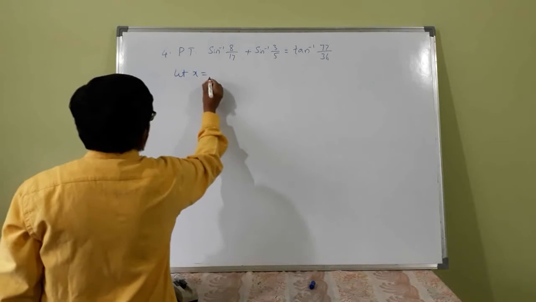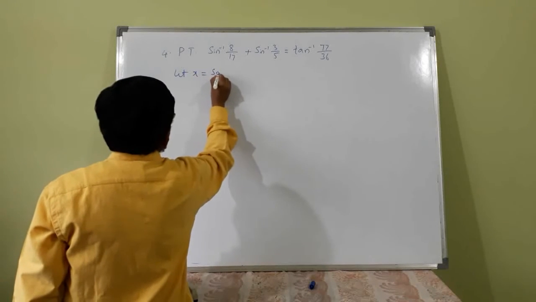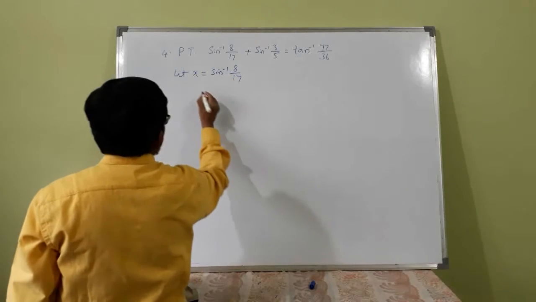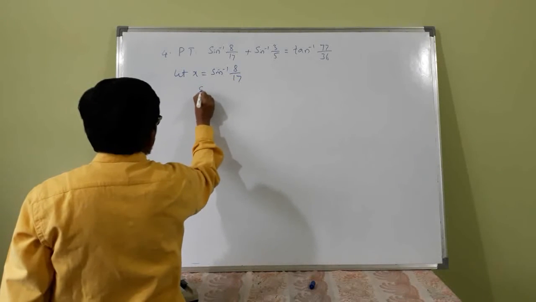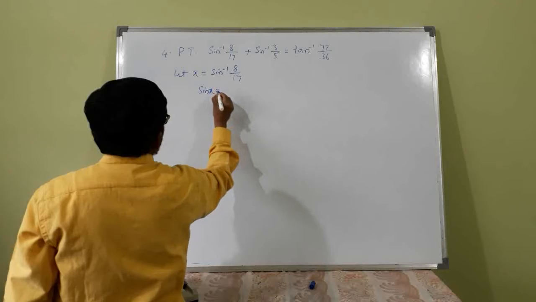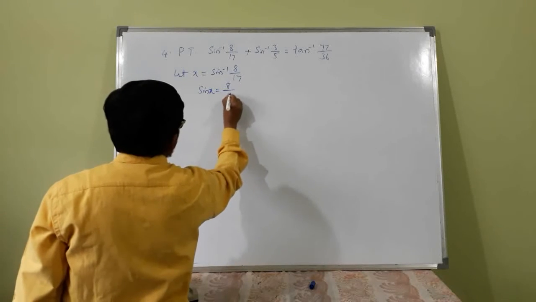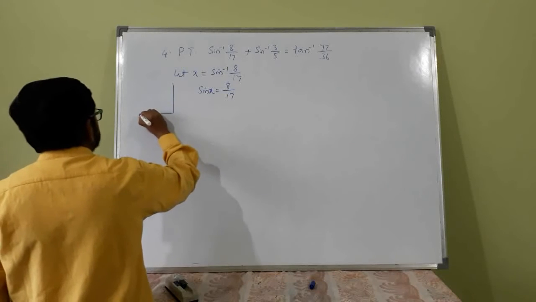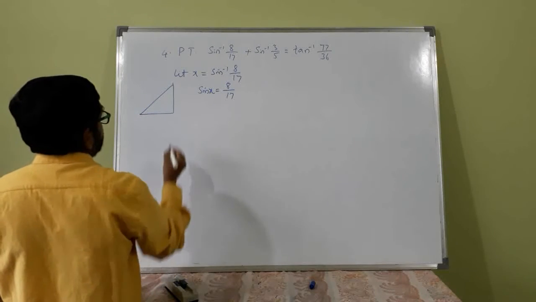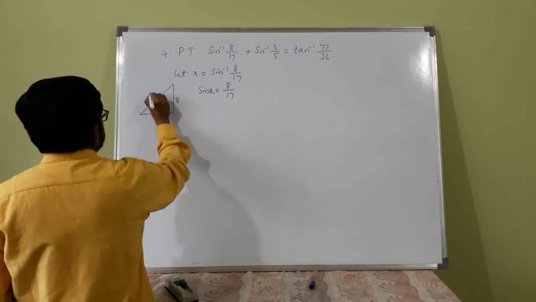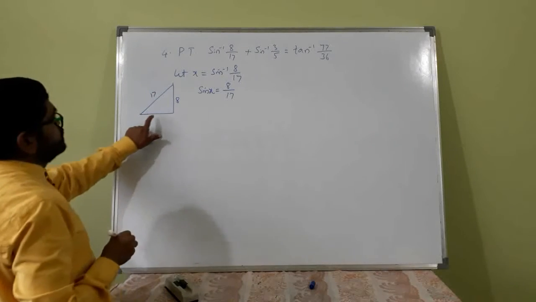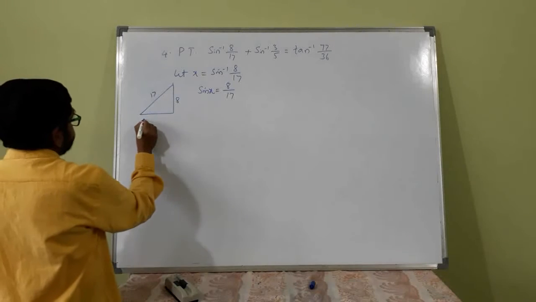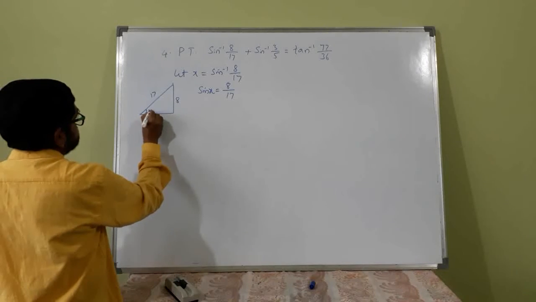Suppose let x is equal to sin inverse of 8 by 17, means sin x is equal to 8 by 17. See, in the right angle triangle, opposite side is suppose 8, hypotenuse is 17. What should be the third side? That is, this is x.